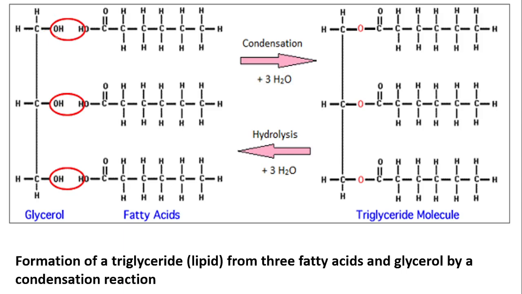Another exam question which comes is who contributes OH and who contributes H. In this case, the one contributing OH is the hydroxyl group of glycerol, and the one which contributes H is what? It is the carboxyl group of the fat acid. So when these react, they'll produce the water, which you can see there. When these also react, they'll produce water. So this reaction is a condensation reaction.